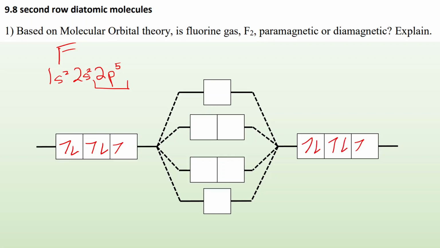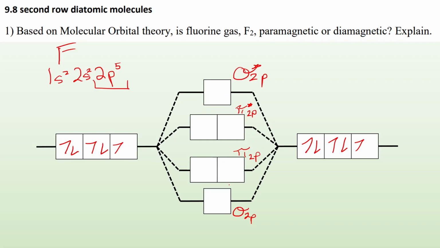And when we make our molecular orbitals, we end up with the sigma 2p, the pi 2p, the anti-pi 2p and the anti-sigma 2p molecular orbitals.